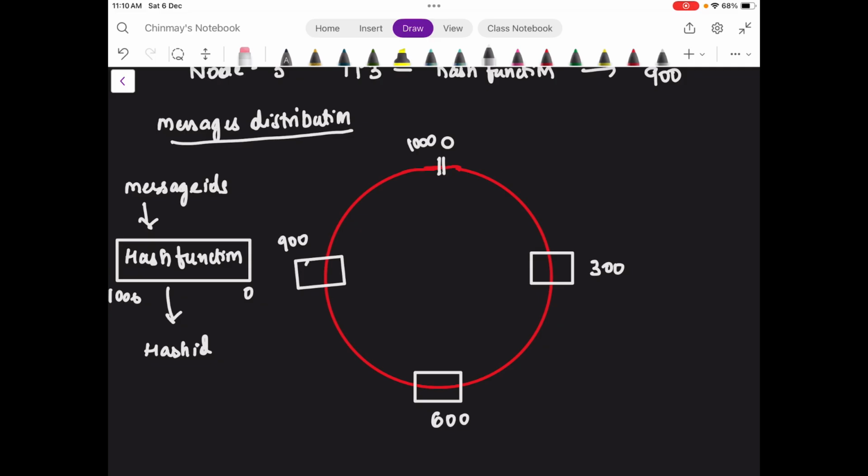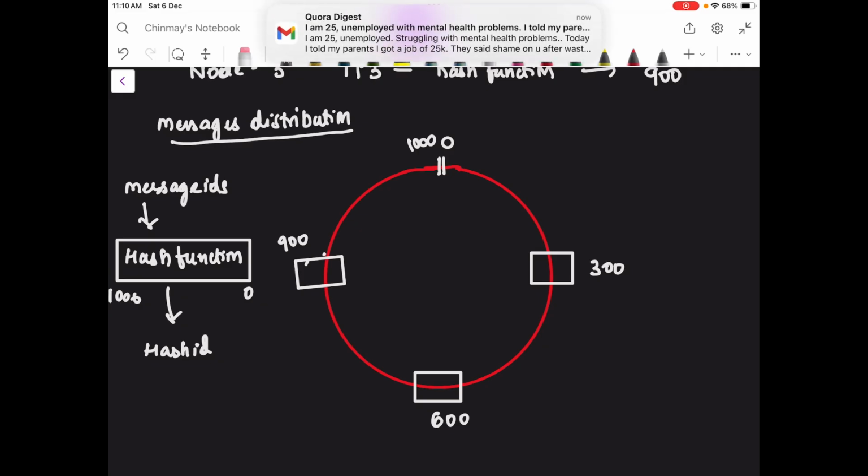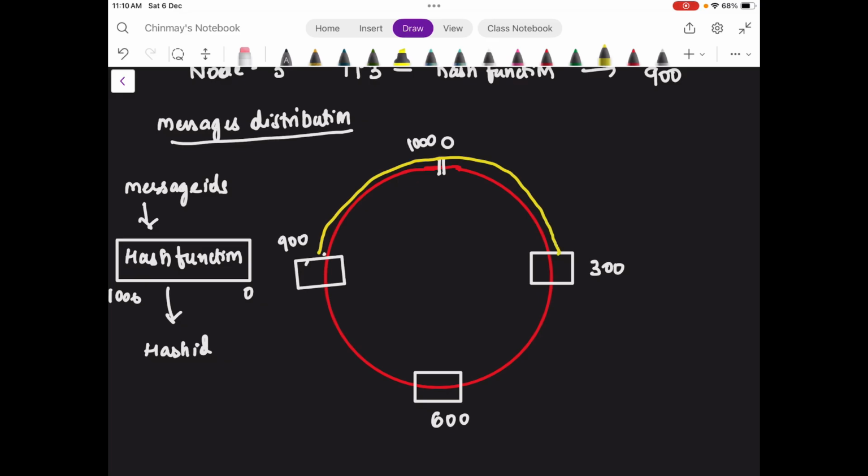For example, messages which have hash IDs between 900 and 300 will come to node 1.